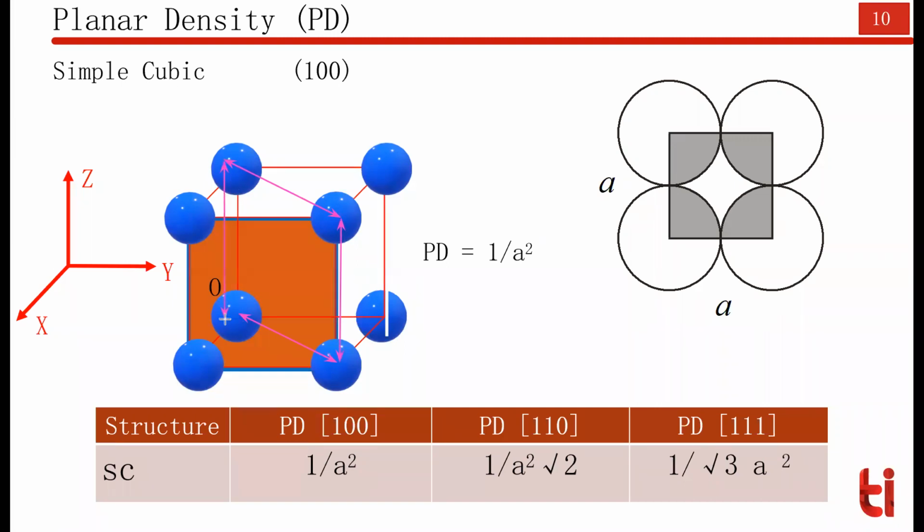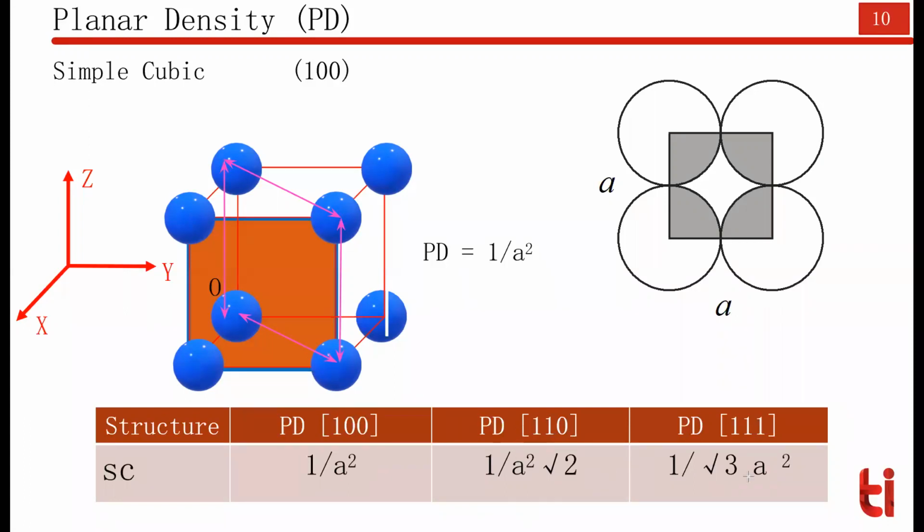So you can now compute the atoms on this. It is again the 4 corner atoms, so the effective number of atoms in the 110 plane is equal to 1, but its area will be different. Its height is the same as the lattice parameter a, but its base length is now the length of the face diagonal, which is √2a. So your total area is √2a square. Therefore, your planar density for 110 is equal to 1 upon √2a square.